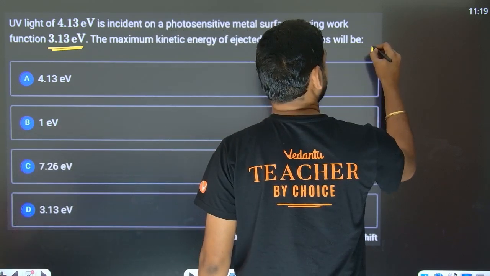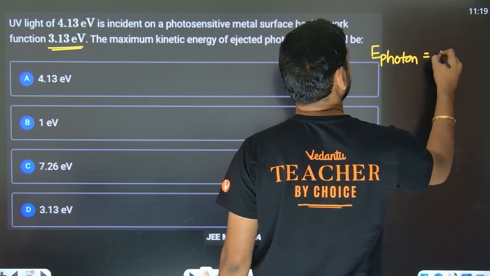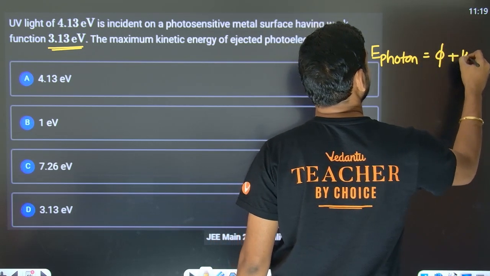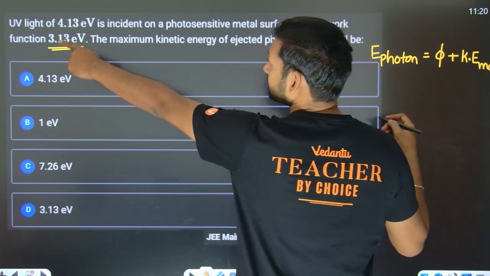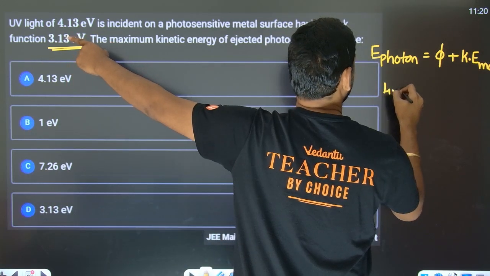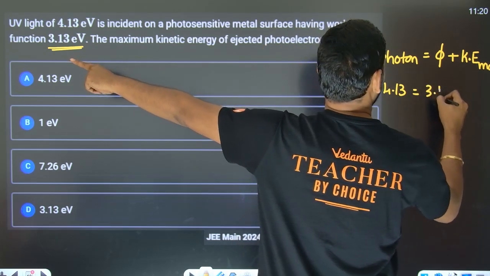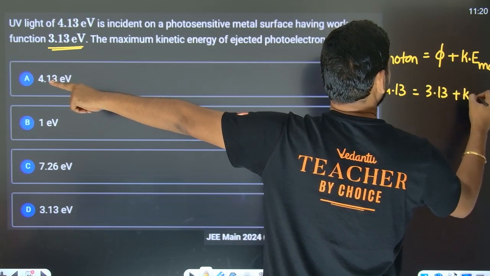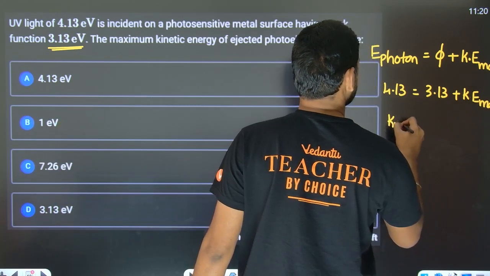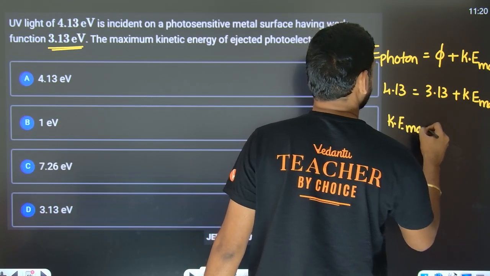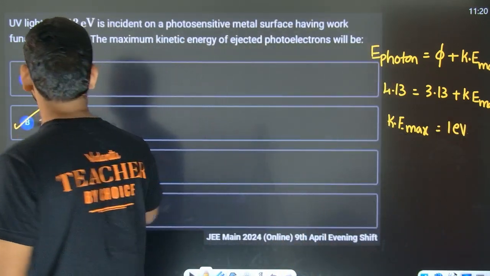Energy of the photon is going to be work function plus the KE max, right? The energy of the photon is 4.13. The work function is 3.13. Then the maximum KE you can get is 1 electron volt. Yes. So option B.